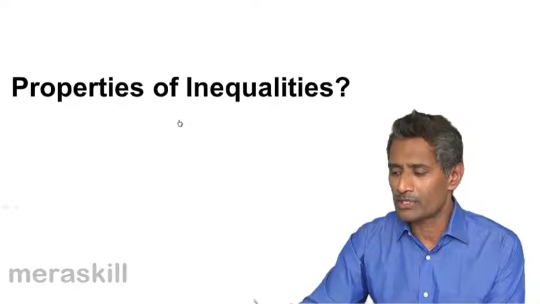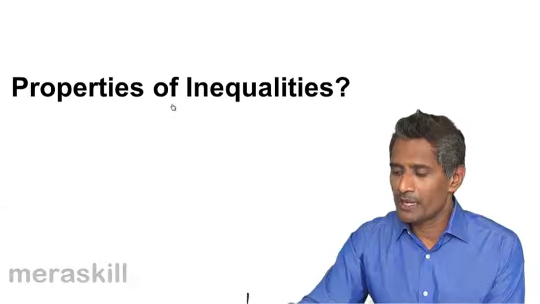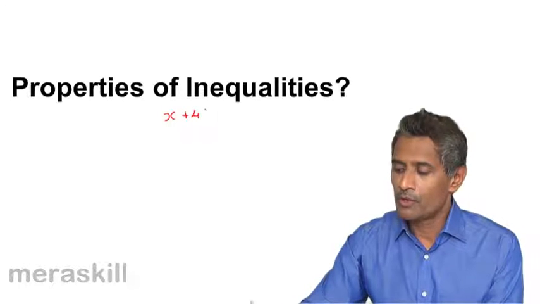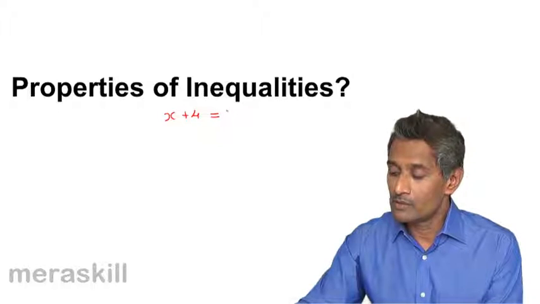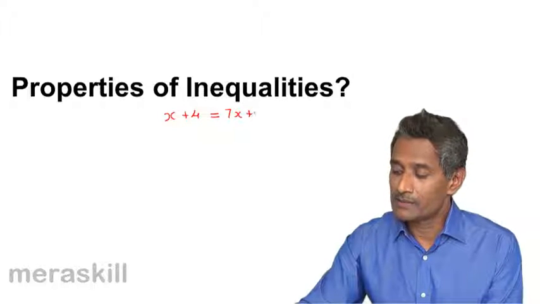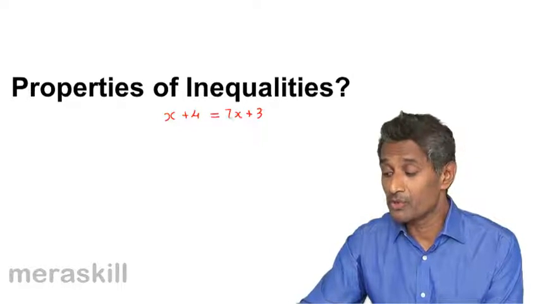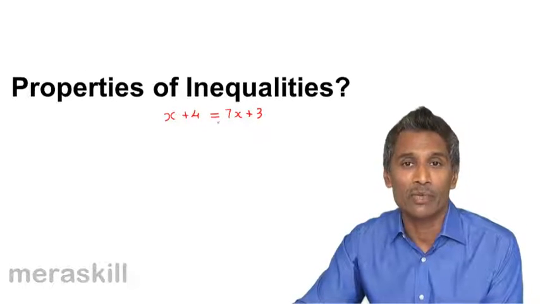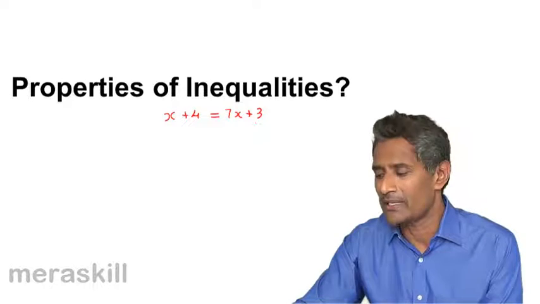If you take an equation like x plus 4 is equal to 7x plus 3, what do we do? We transpose the numbers. We collect all the x terms together, which means you're subtracting or adding the number.